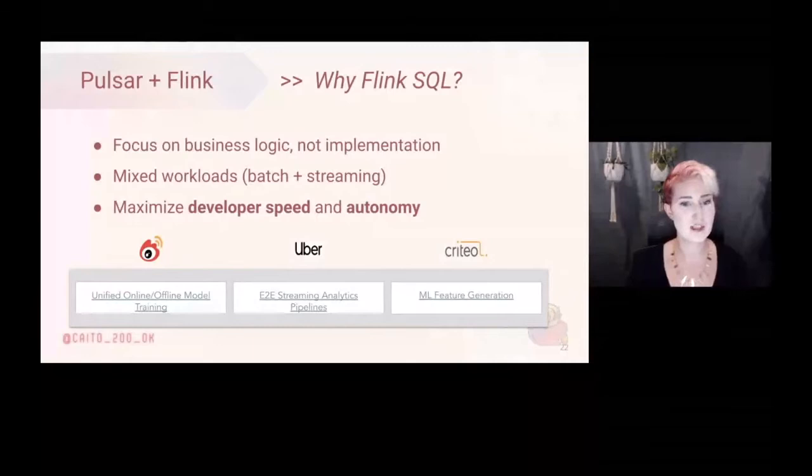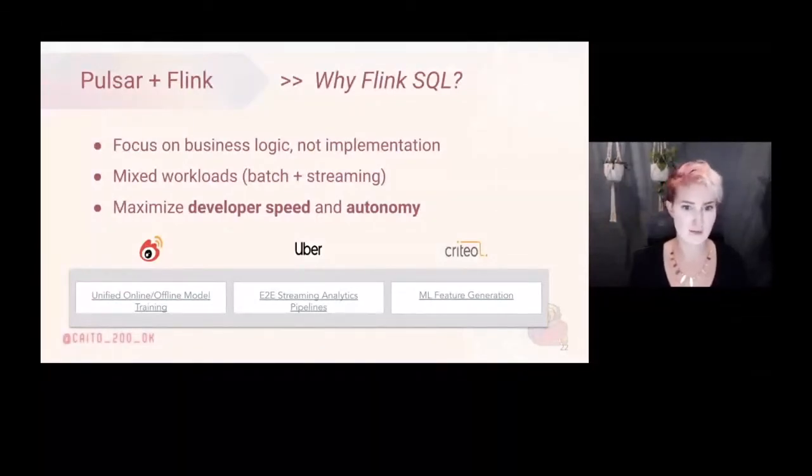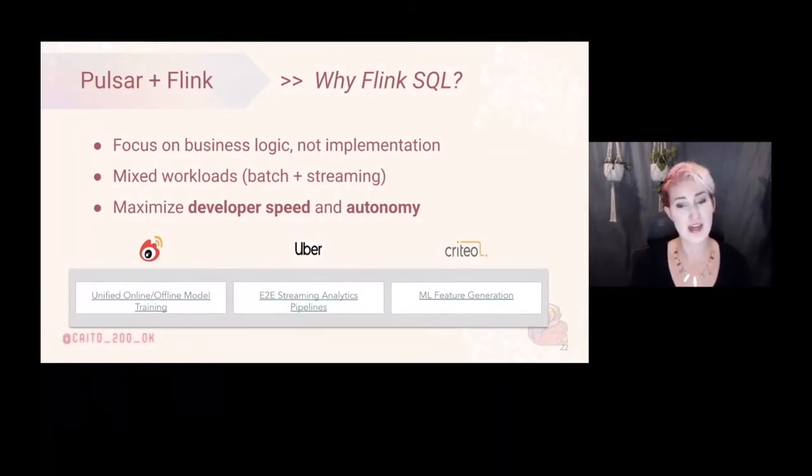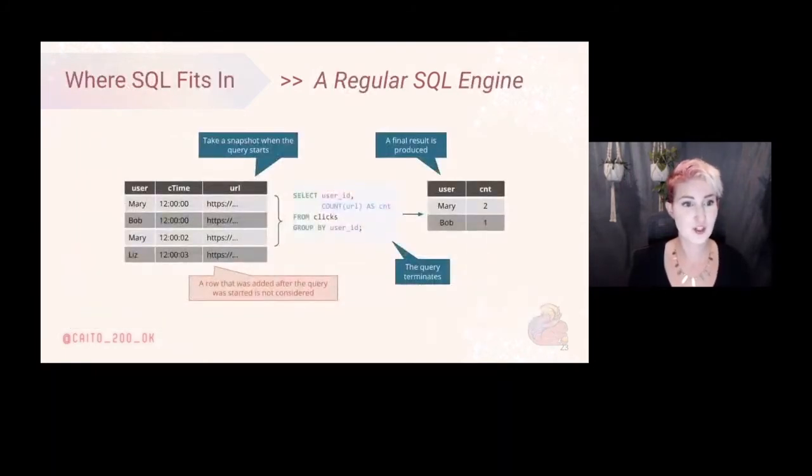So being able to use this to much more easily and efficiently build unified pipelines for online and offline model training, to be able to independently build end-to-end streaming analytics pipelines without even having to depend on a full engineering or operations team, and more easily generating features for machine learning model training. So again, it's all about that autonomy too.